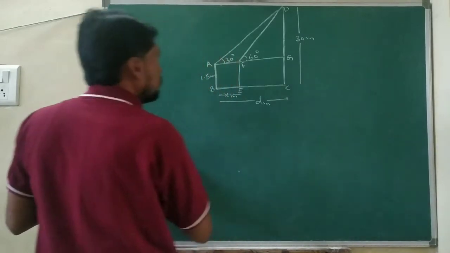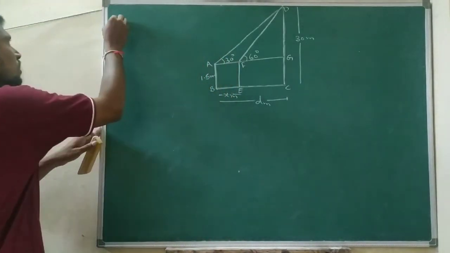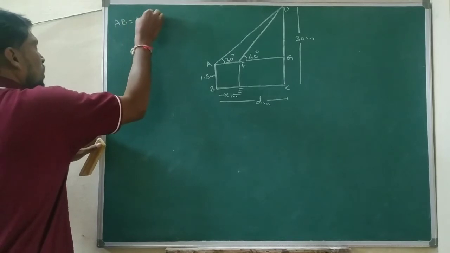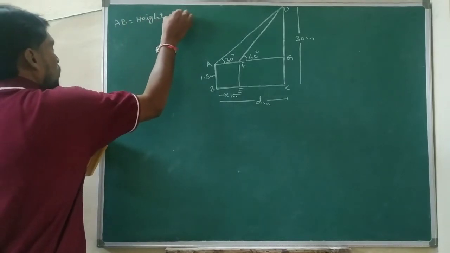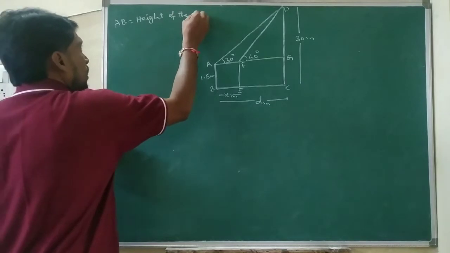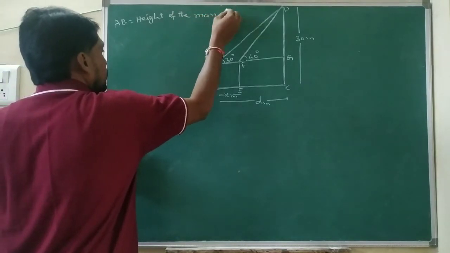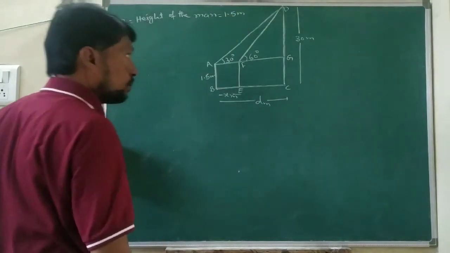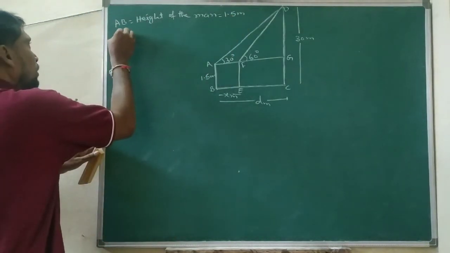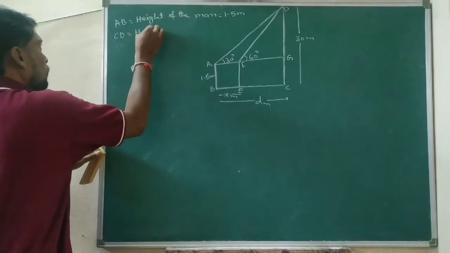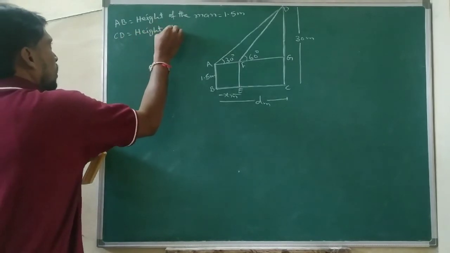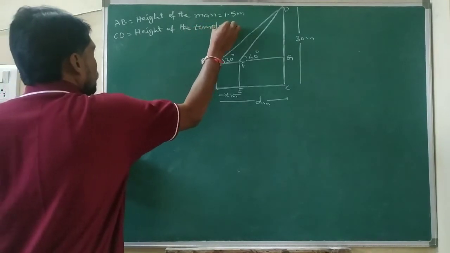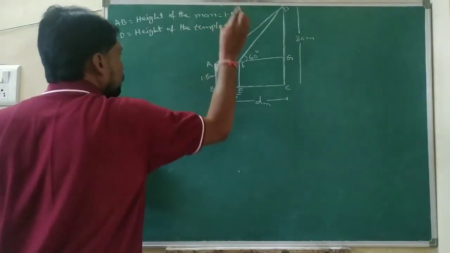Now see here. AB equals the height of the boy, that equals 1.5 meters. CD equals the height of the temple, that equals 30 meters.